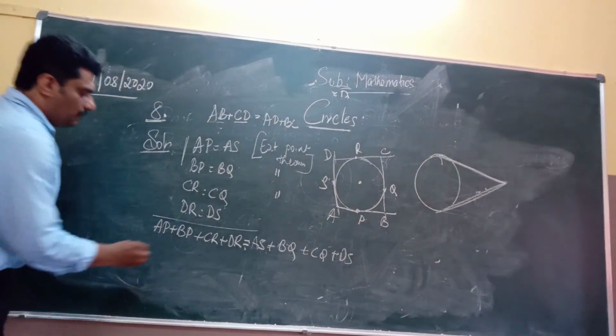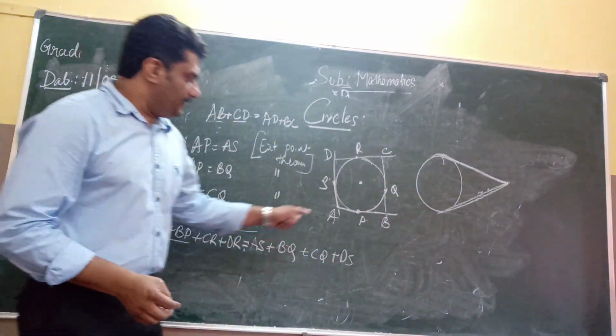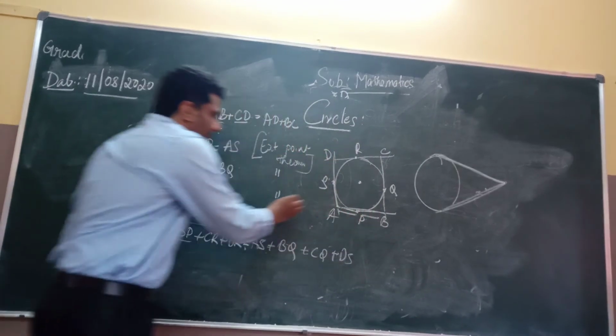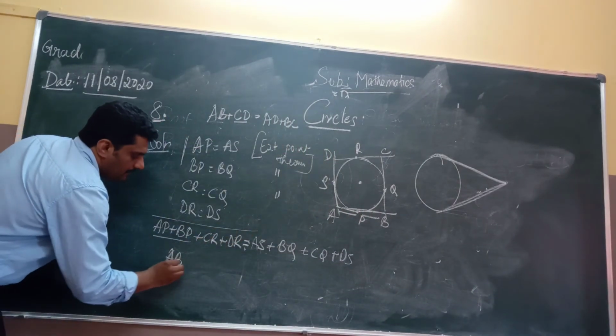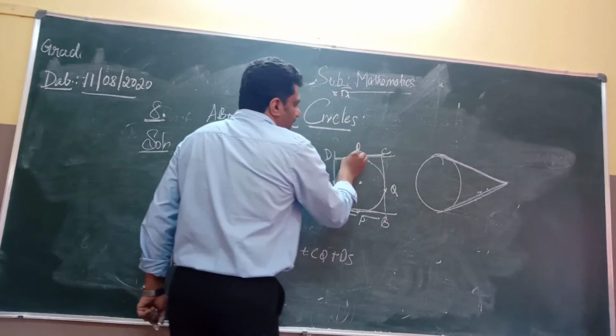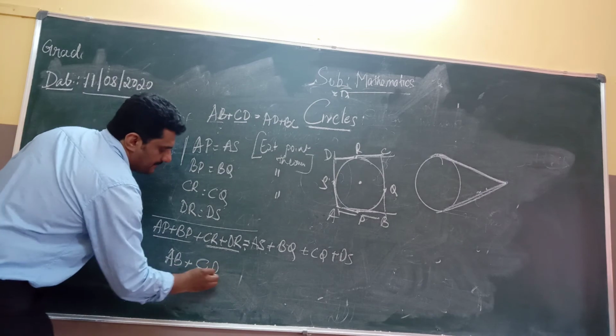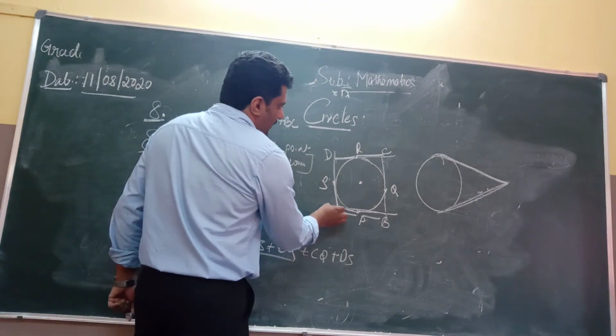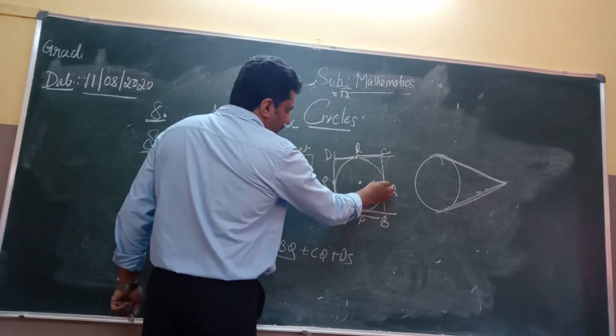Done. What is AP plus BP? I can write AB. CR plus DR, I can write CD, equal to AS, BQ.